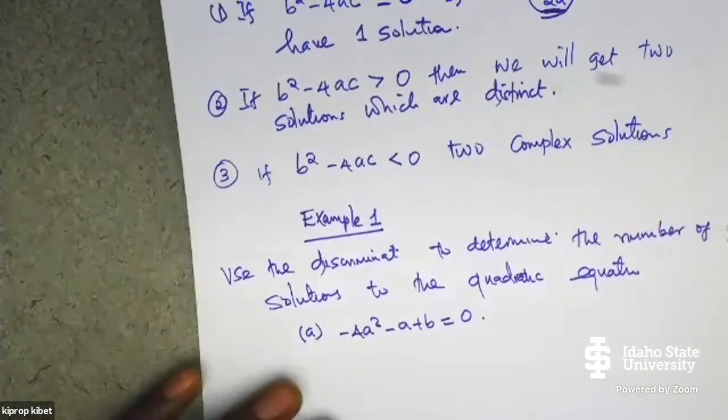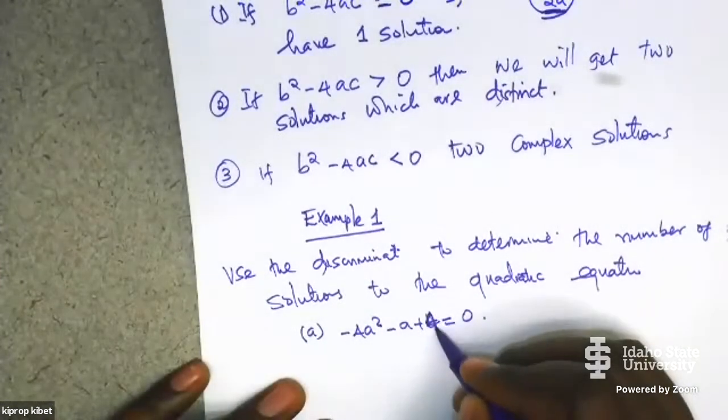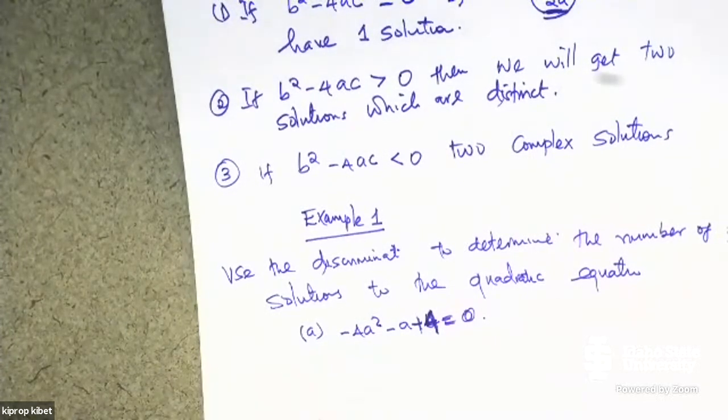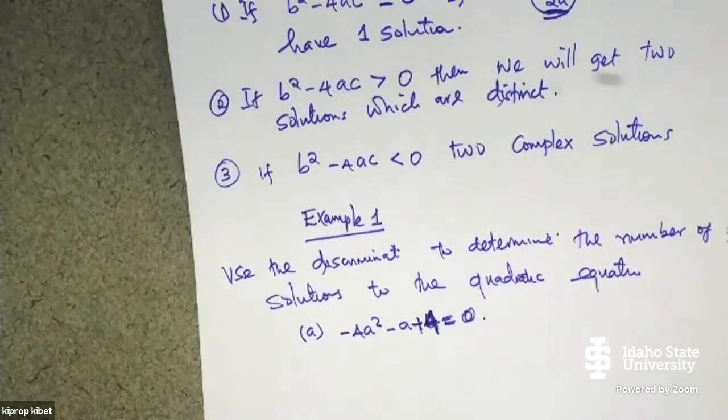So, minus 4a squared minus a plus 4 equals 0.